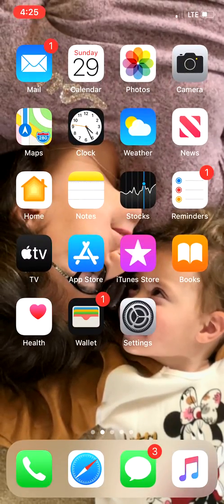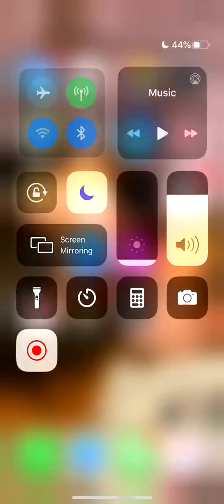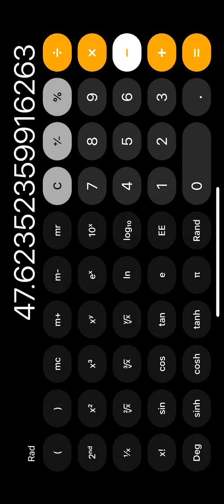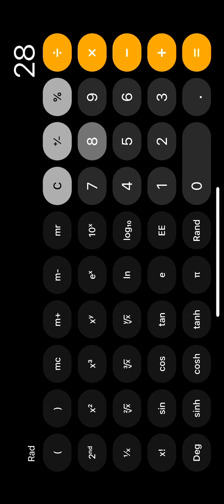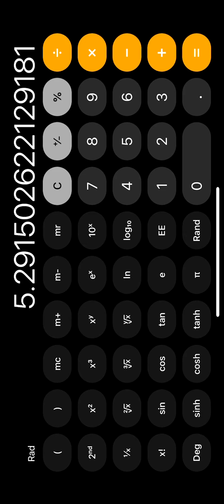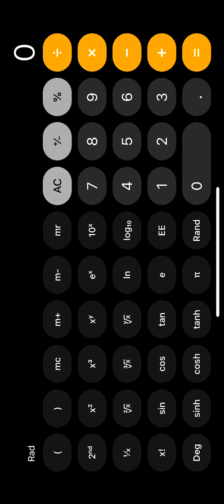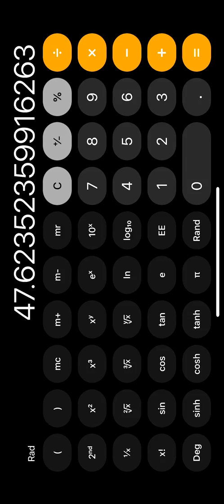Let's see if I can make it work like this. I don't think so. No, that's not going to work. So wait, what was the first one? The square root of 63 times 6. So that's 47.62.